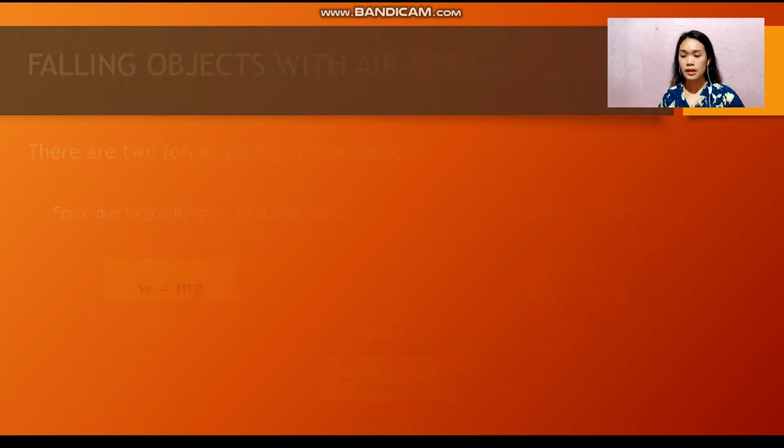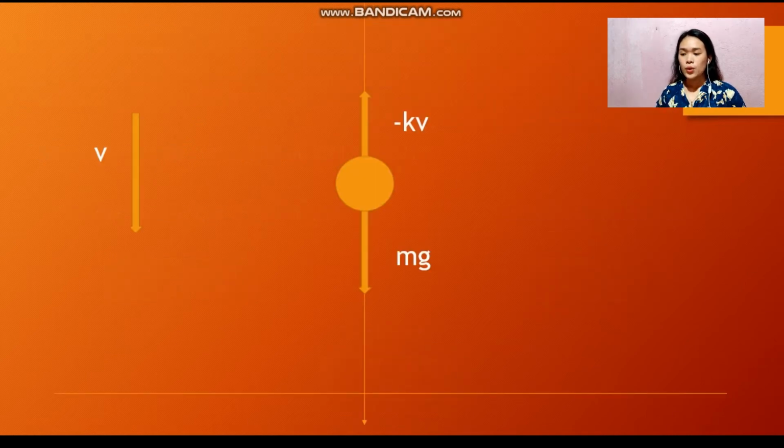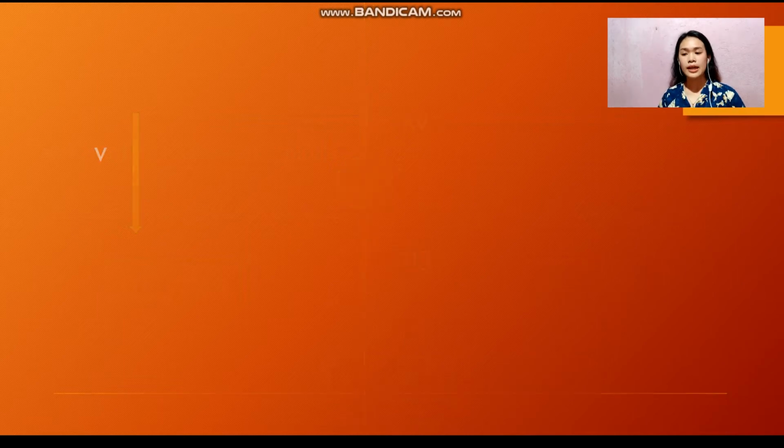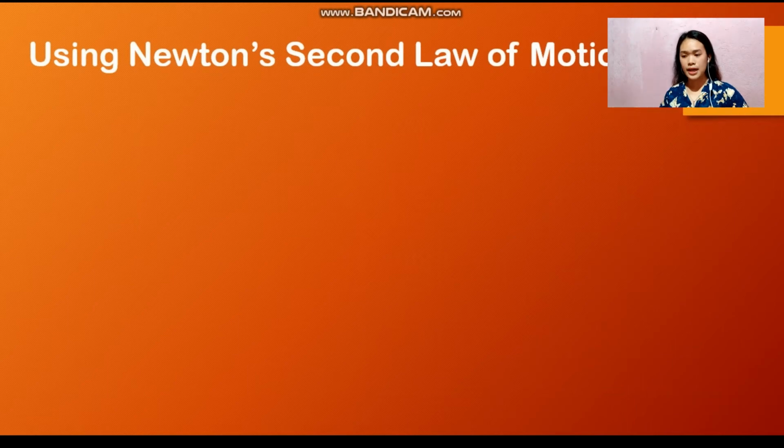Ito ang net force natin. So, naipaliwanag ko naman na din kung bakit positive yung downward direction, tapos negative naman yung upward. Kaya yung air resistance ngayon ay nagiging negative siya.